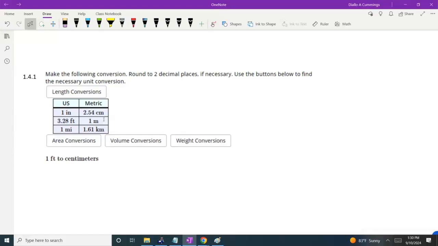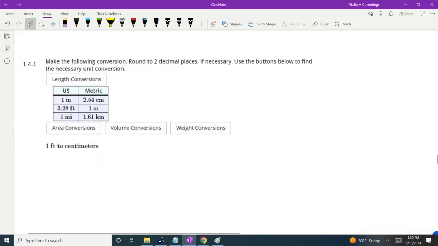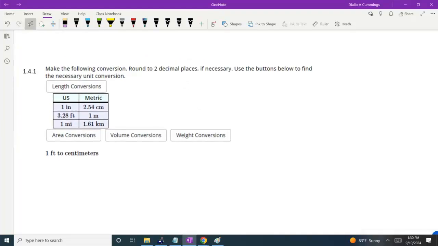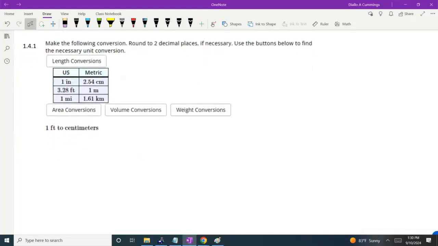So we're going to have to use 2 unit fractions for the first one. I'm going to start with 1 foot. I don't see a conversion from foot to centimeter, but I do see a conversion from inch to centimeter.